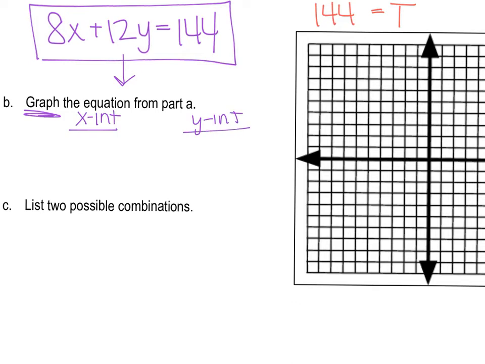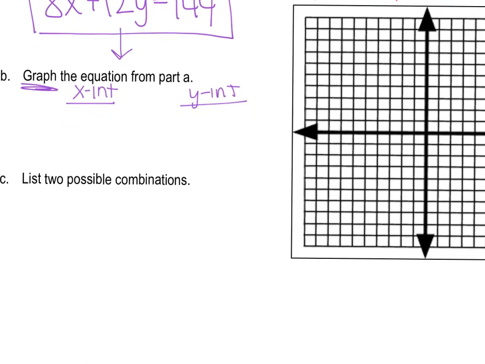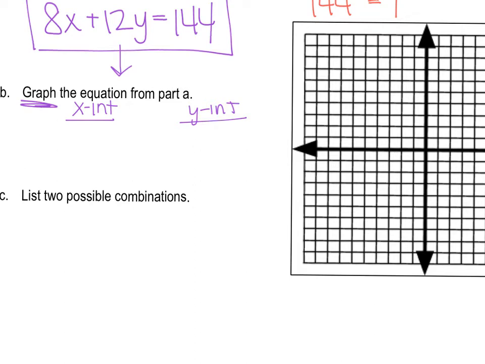Okay, so if you recall, when we solve for an x-intercept, I'm just going to write that notation here, let y equals 0. So when I write that, I'm going to keep my x, so I have 8x plus 12 times 0 equals 144.